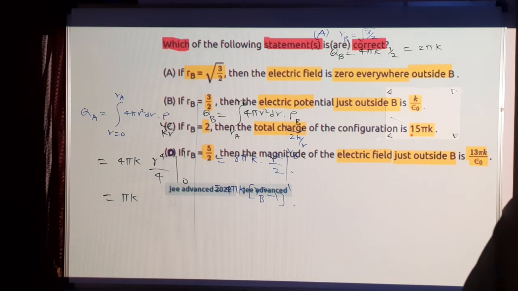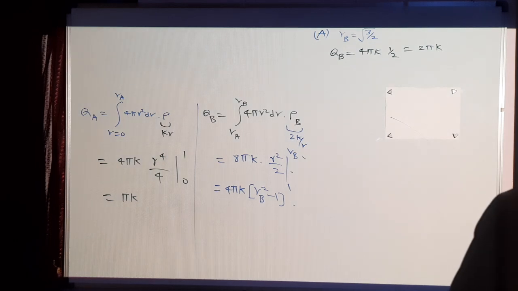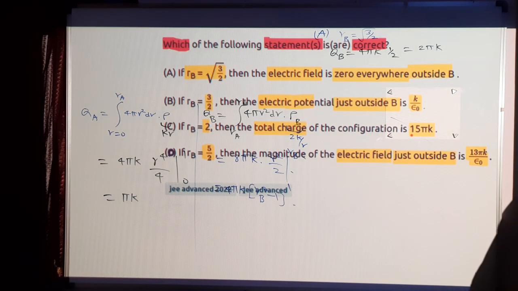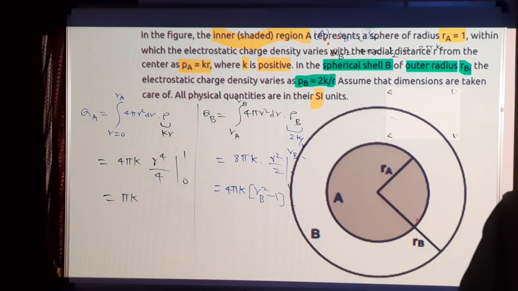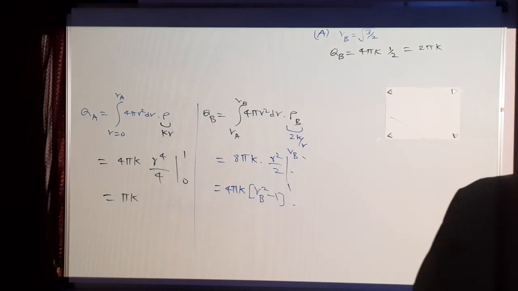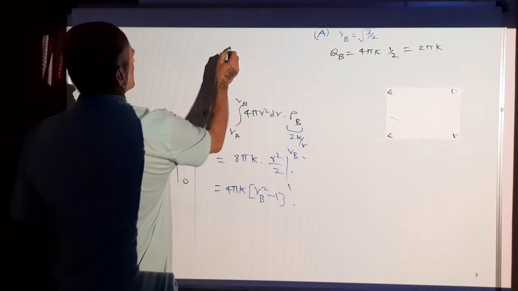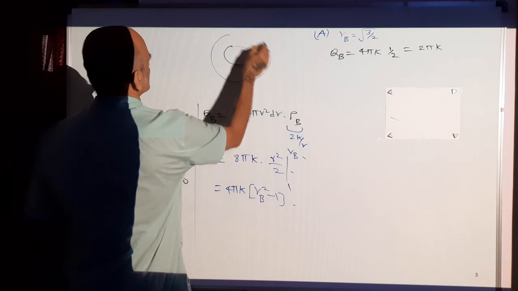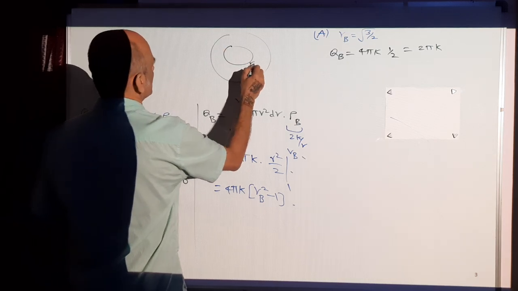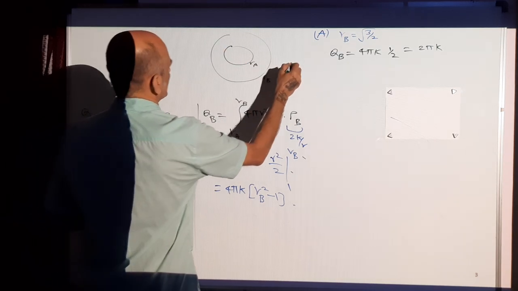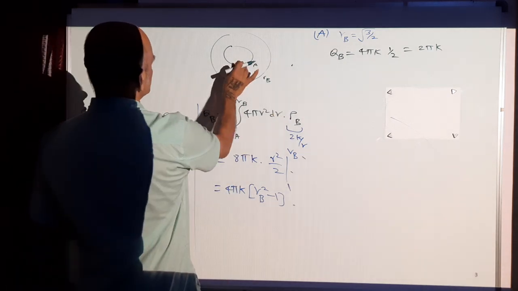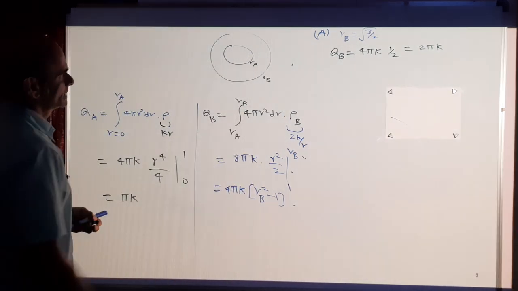So you have to find out the electric field just outside B, everywhere outside B. This is the inner sphere, this is the outer, so this is RA and this is RB. For any point outside, the total charge will contribute to the electric field at this point.